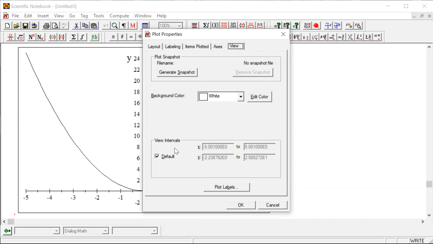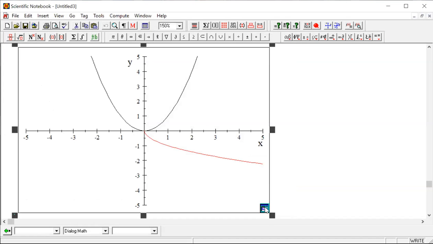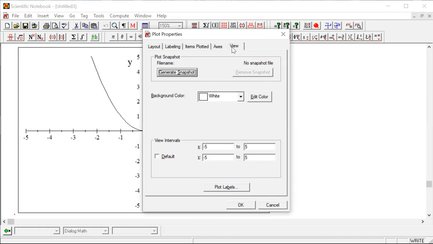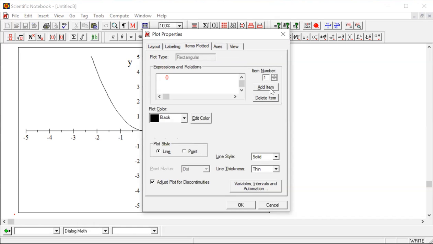Okay, so from -3, maybe from -5 to 5. And this is -5 to 5. And also I'm going to graph the green line. Okay, that broken green line.